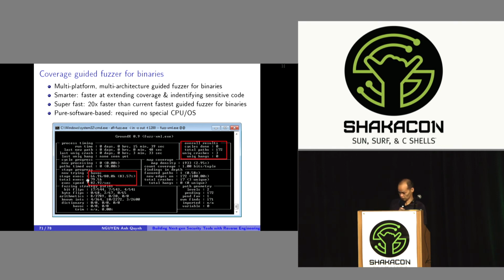It's pure software-based, so you can run it on any machine without having the latest CPU, without having a special OS. So here's the performance. You can see that the execution speed is 82, which is very, very fast for binary fuzzing.